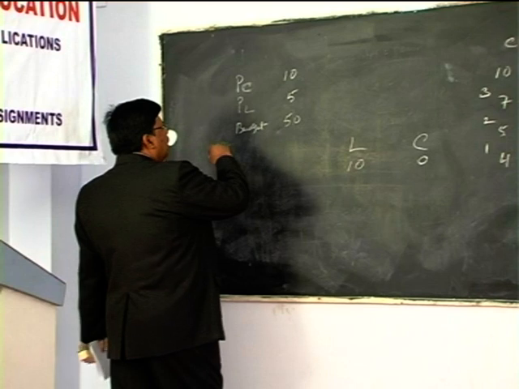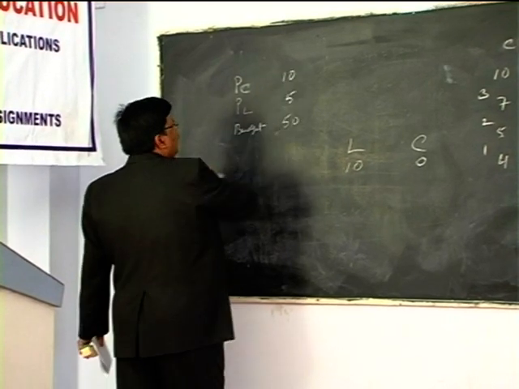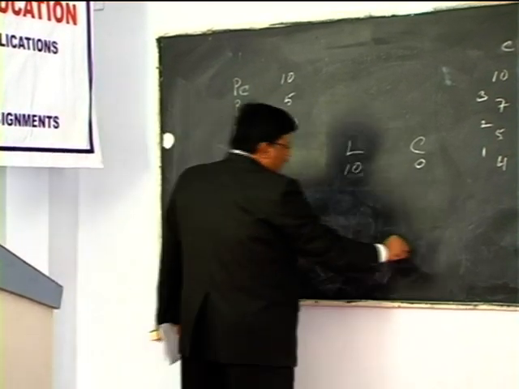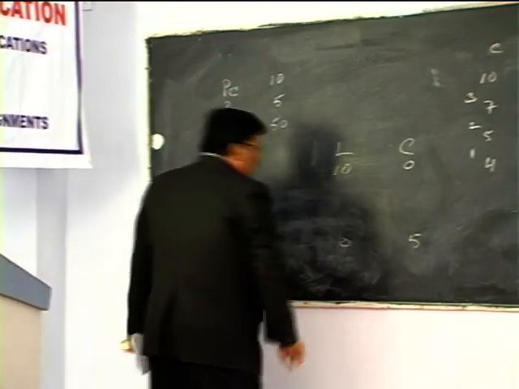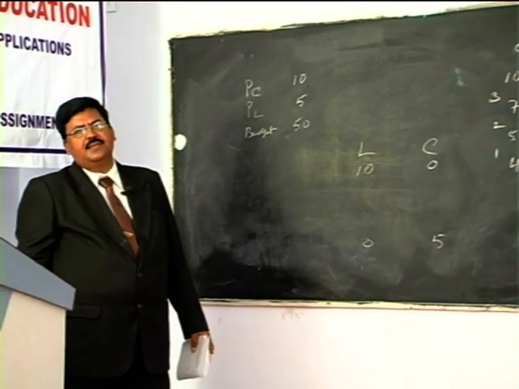Or in the other case, if the entire amount is spent on capital, 50 by 10, that means 5 capital and 0 labor. These are the two extreme cases.